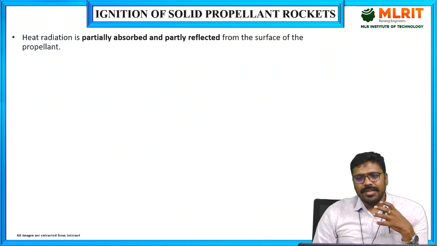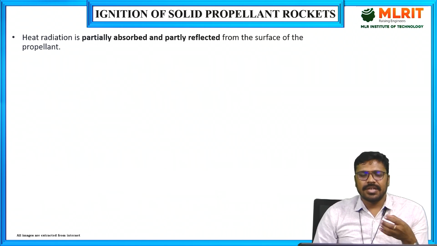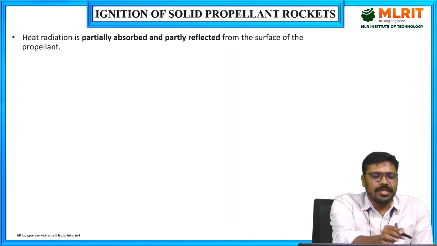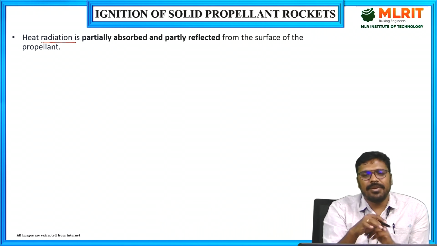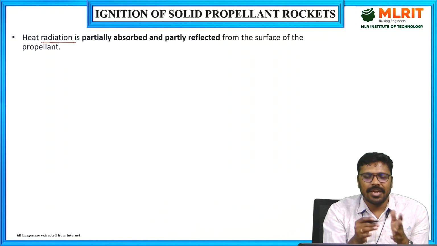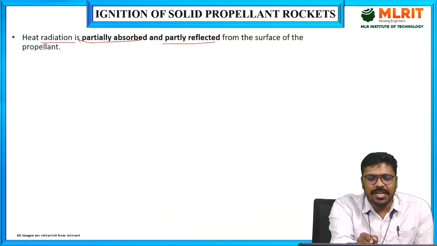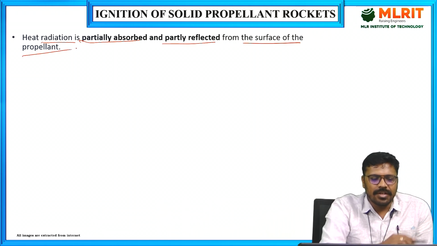When the igniter starts releasing solid, liquid and gases with high heat, that will enter the combustion chamber, that means the propellant grain surface. So how is this energy transferred? The heat can be transferred by convection and radiation. Heat radiation is partially absorbed and partially reflected from the surface of the propellant.